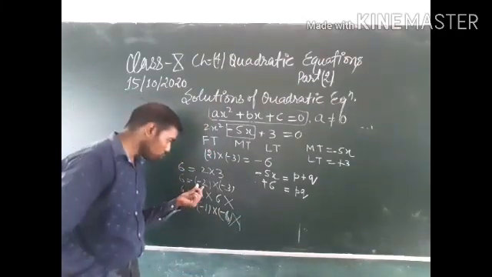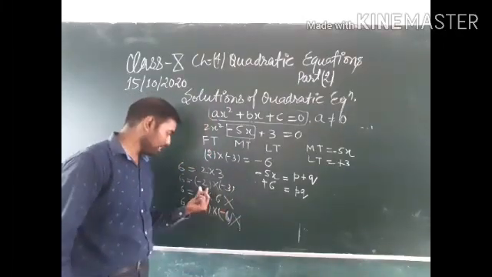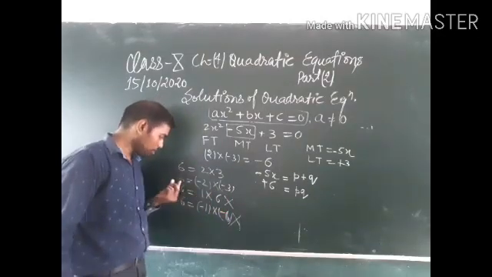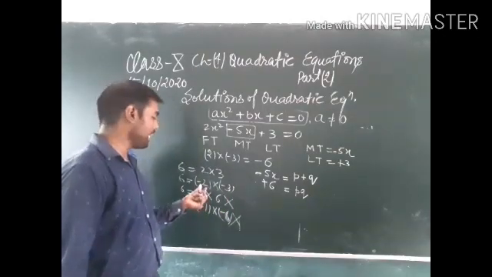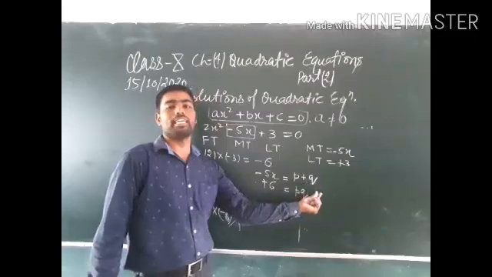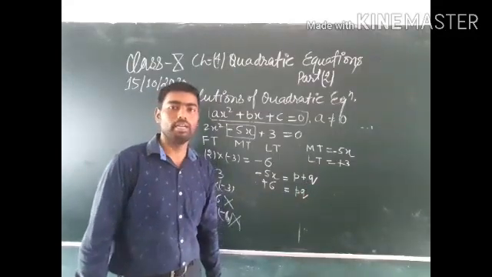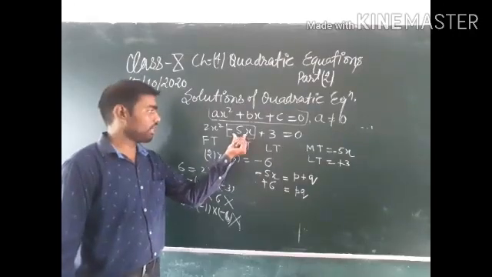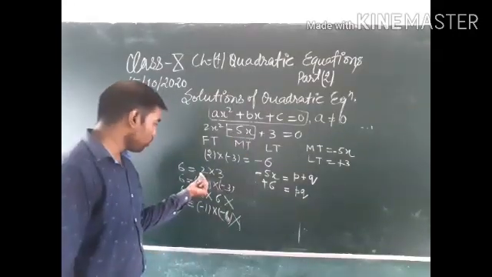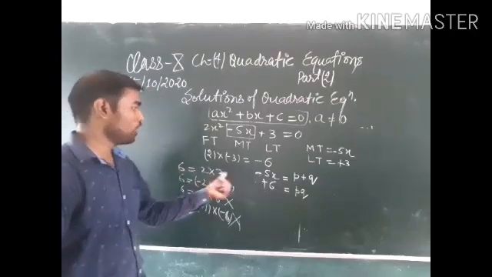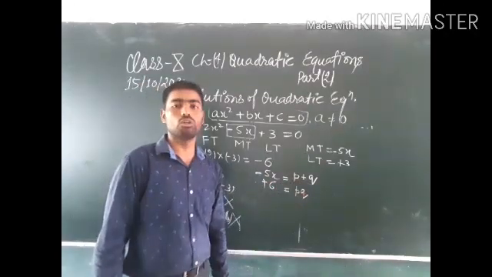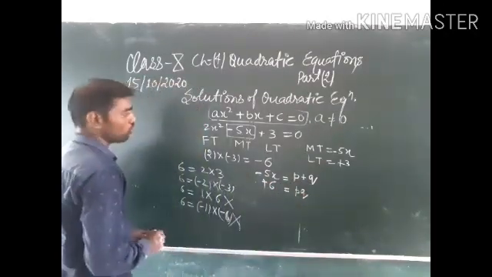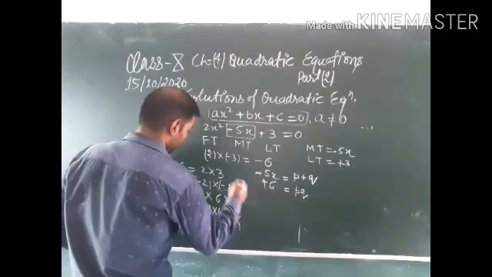Now −2 into −3 is 6, and −2 plus −3 is −5. And 2 into 3 is 6, and 2 plus 3 is 5. So we take this value.